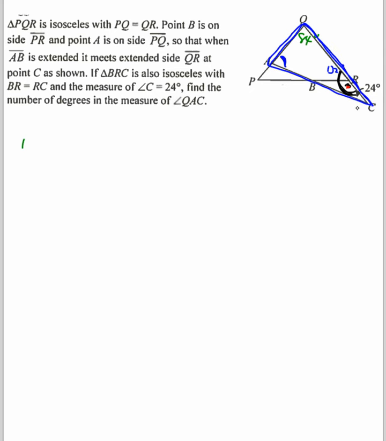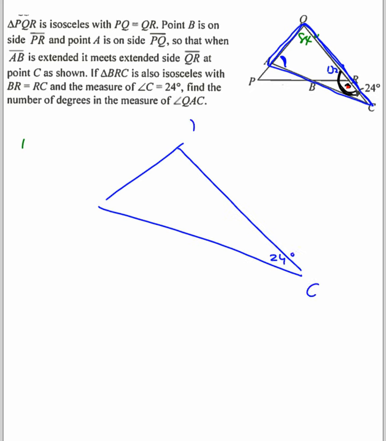And you know that this one is 24. And we just found that this one was 84. So to get this one, you just do 180 minus 84 plus 24. That's 108. 180 minus 108 will be 72.